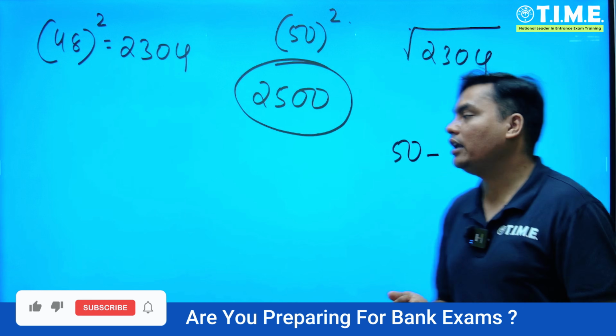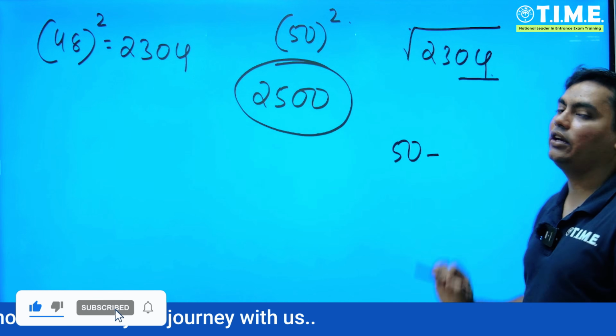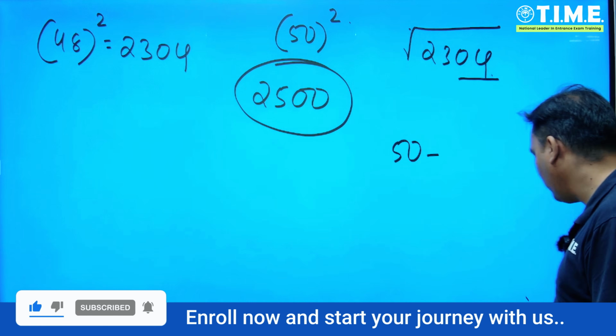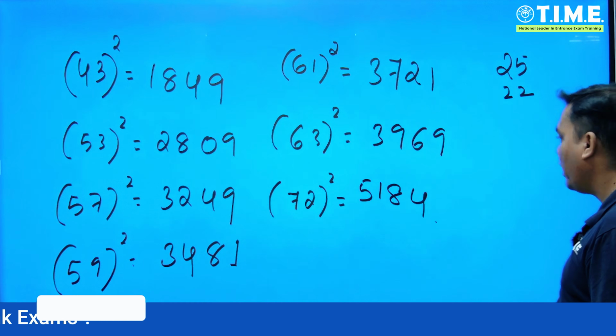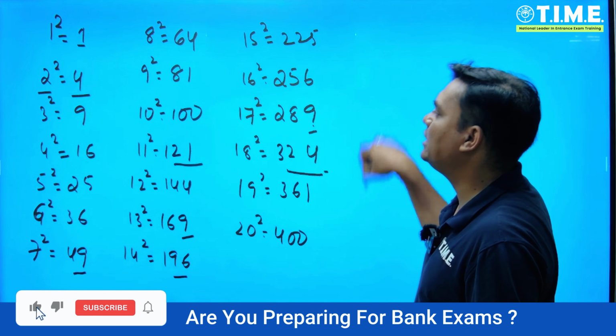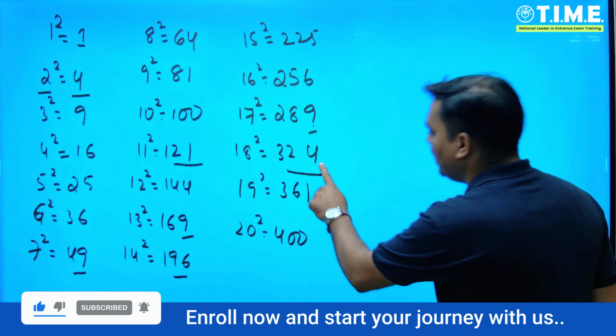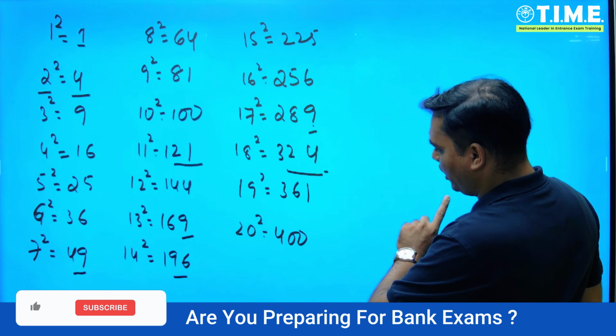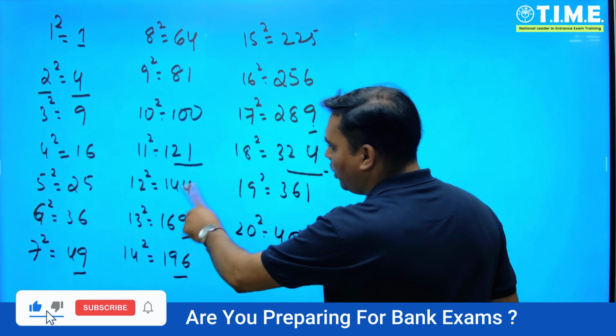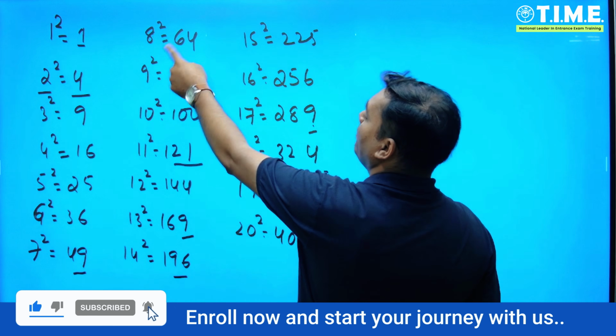If you observe here, the last two digits are 04. Is there any number whose square is ending with 04? Sir, here it is 4, but it is 24. Sir, it is 4 here, but it is 44. Sir, it is 4 here, but it is 64.